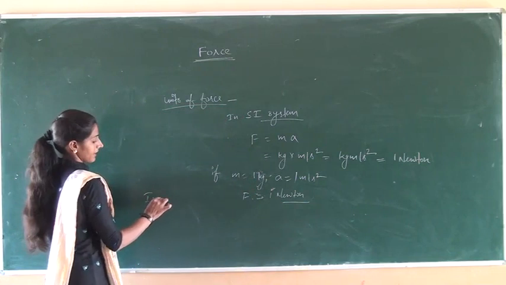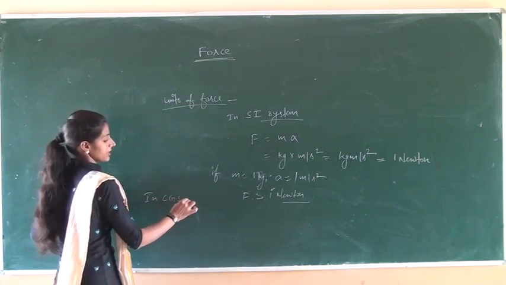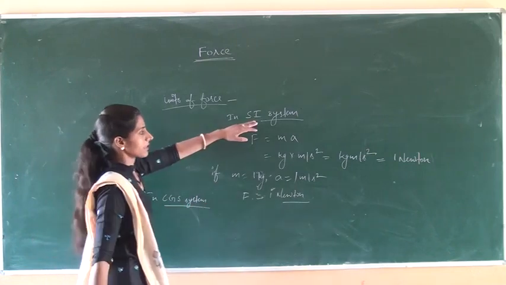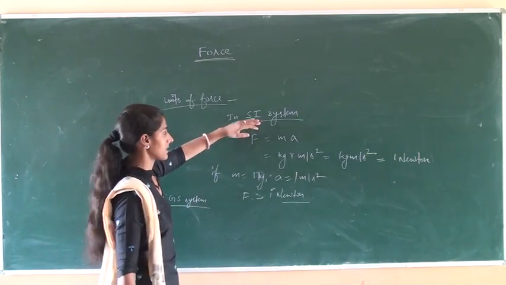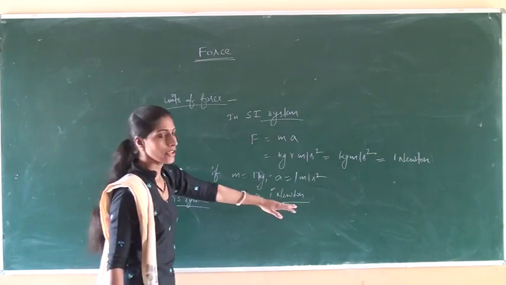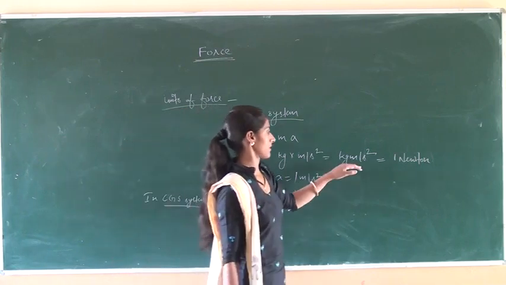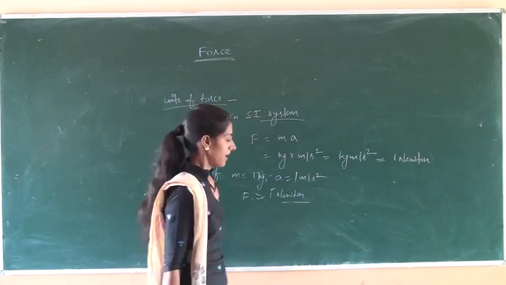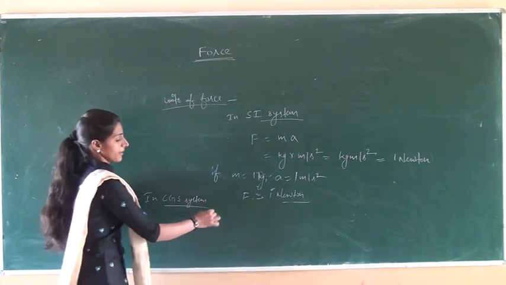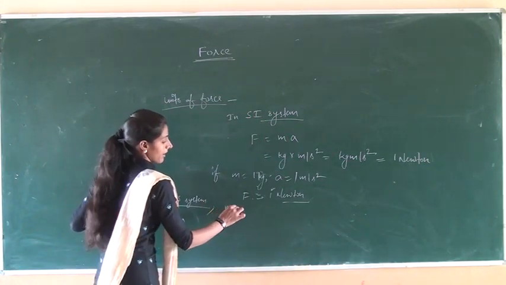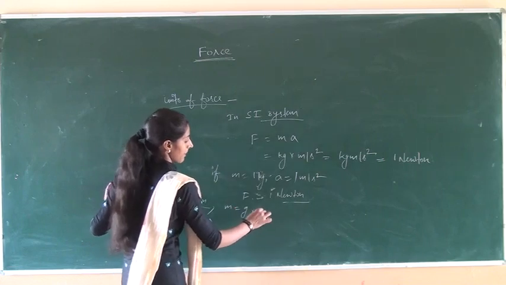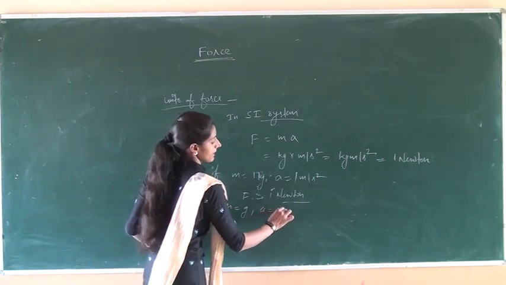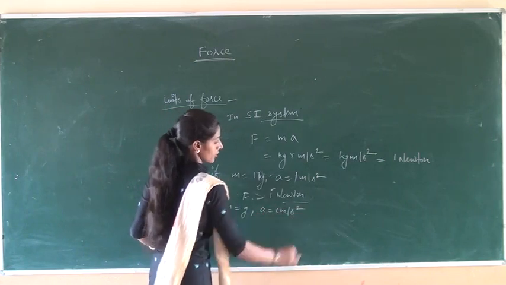After that, in CGS system, first we studied about the SI system. SI system unit of force is Newton, and 1 Newton is 1 kg meter per second square. Now in CGS system, m is in gram and acceleration is in centimeter per second square.